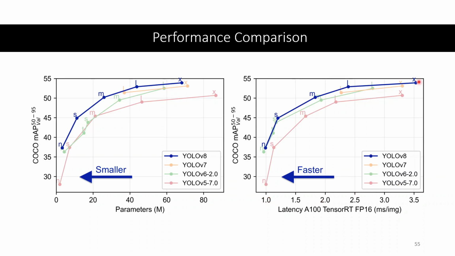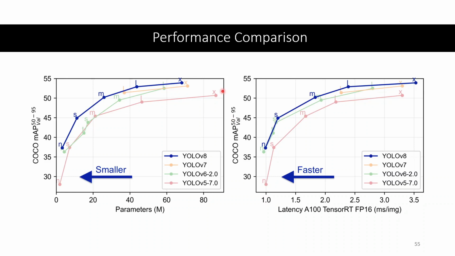However, they want to claim that compared with other YOLO models, they are the best. So this is YOLO V7, this is YOLO V6, and this is YOLO V5, which is from the same company. If the curve goes toward the top left point, it is better.